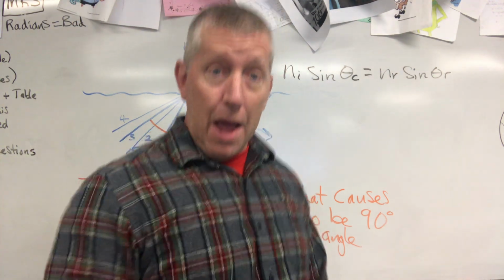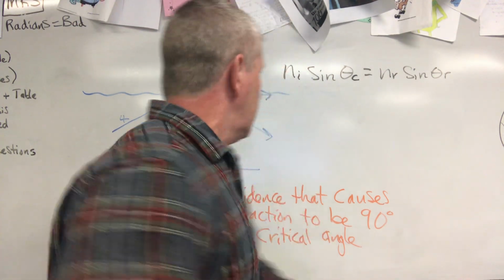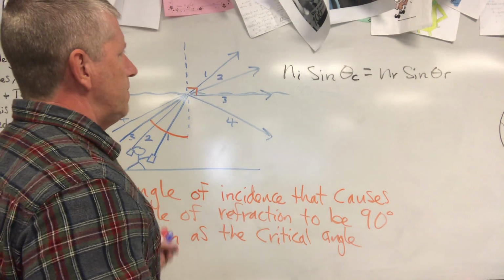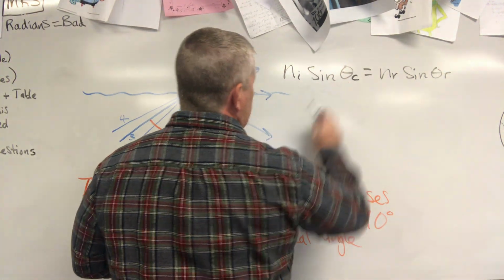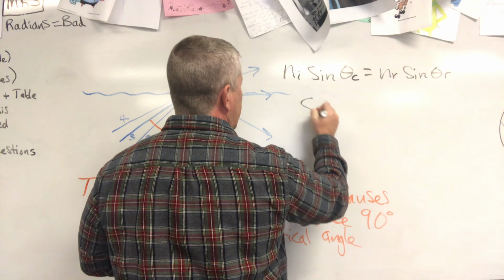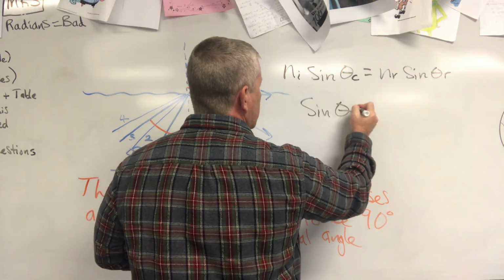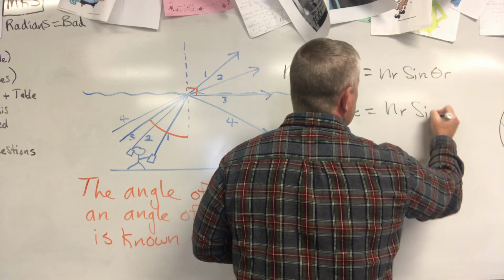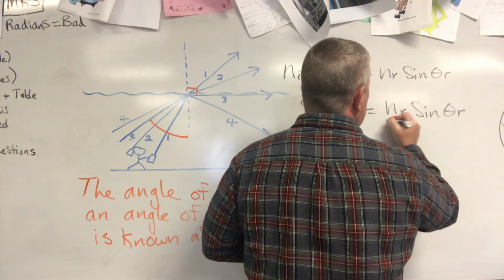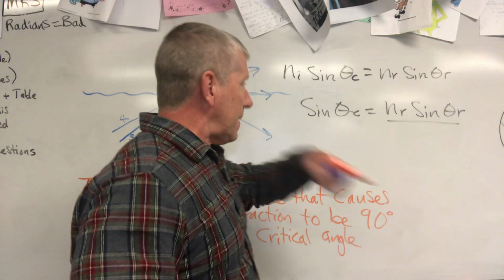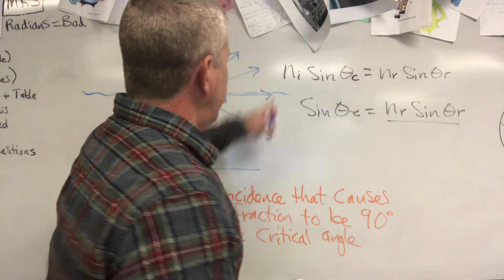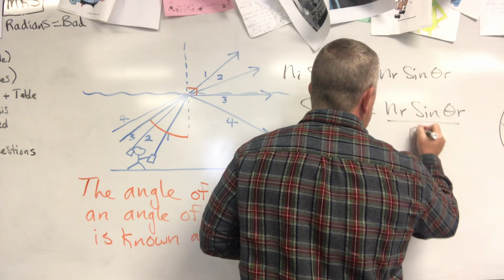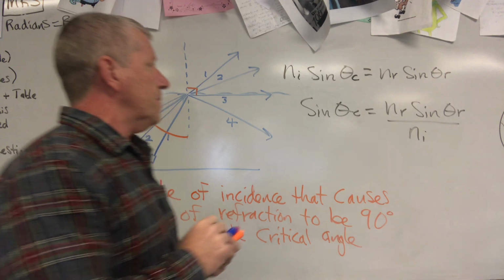Now, if I want to figure out what this is, I'll have to take the sine of angle critical equals Nr sine angle R, and divide it by Ni. Okay, so that's my setup.